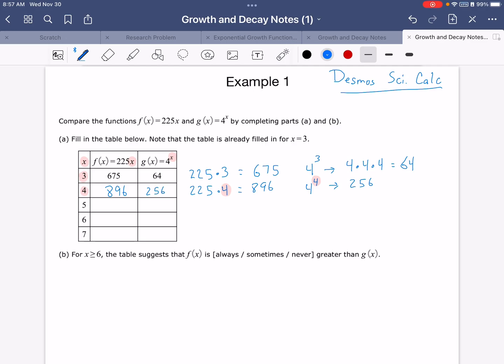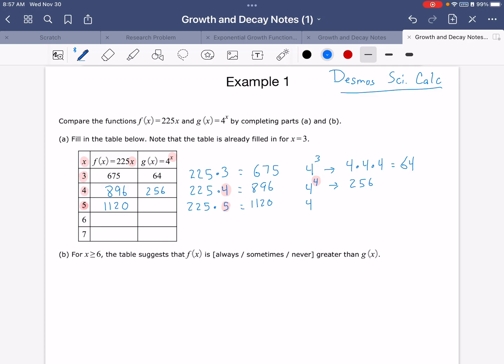Let's go ahead and do the next line. We have x equal to the 5th power. So 225 times 5, that's our x value. Again, I am using the Desmos calculator. 225 times 5 equals 1,120.